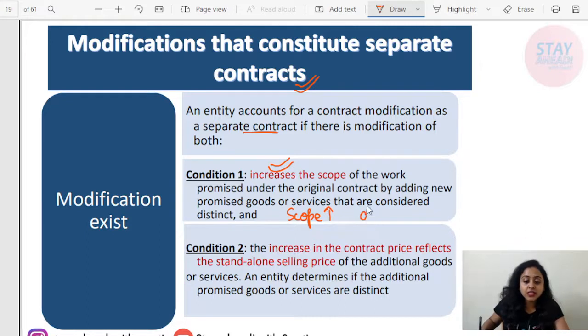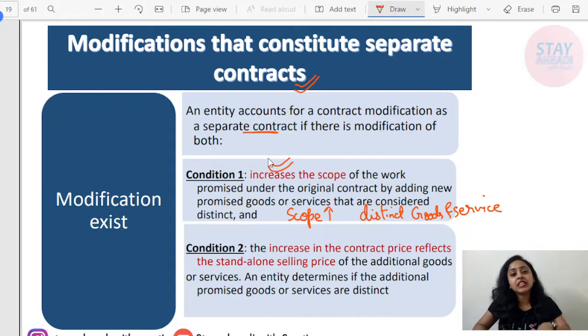If this is the case, then separate accounting will be done; any modification that has been done will be recorded as a separate contract.